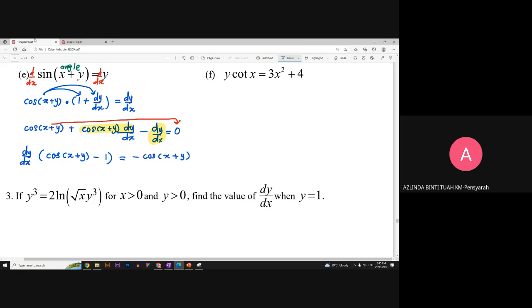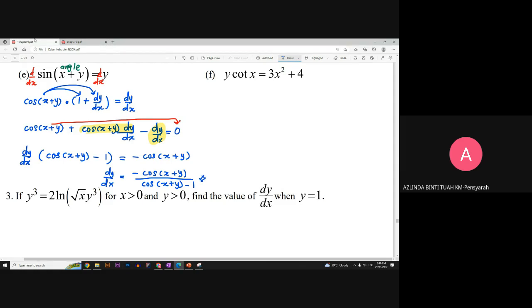Then after that, move this bracket to the right. We have the final answer, dy per dx equals negative cos x plus y over cos theta minus 1. Or you can put the negative 1 in front as well. It will become negative 1 plus cos theta. And this is the final answer.